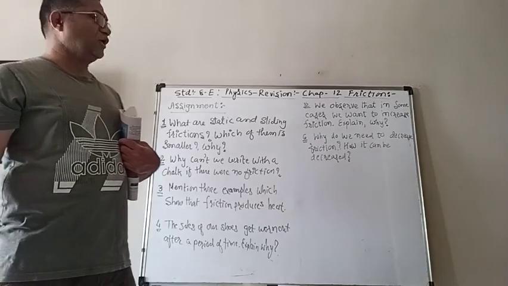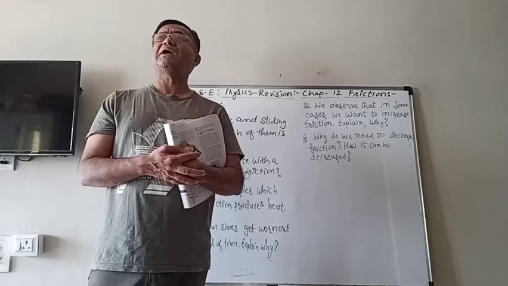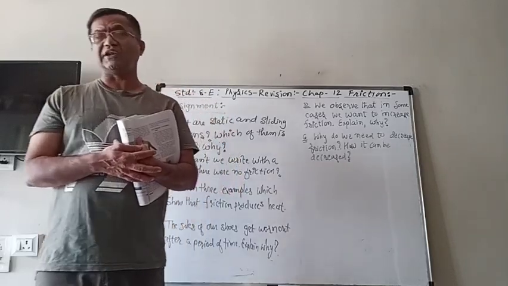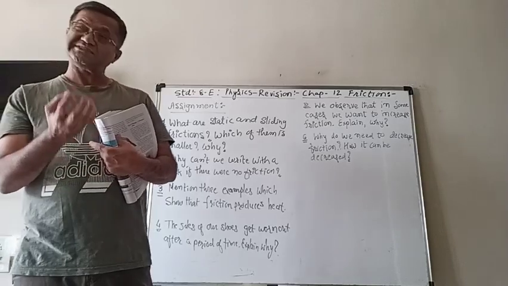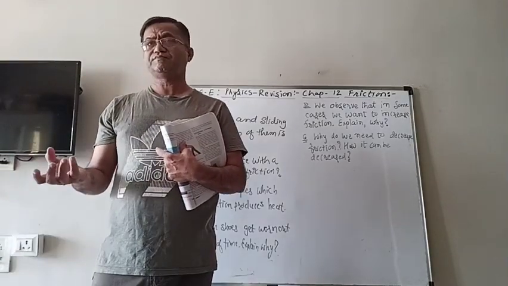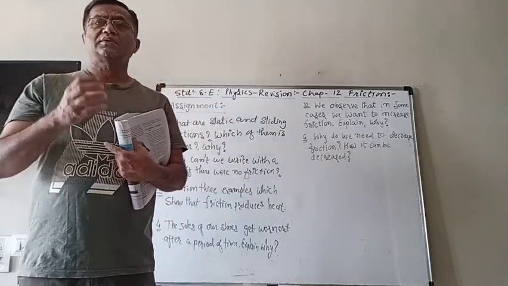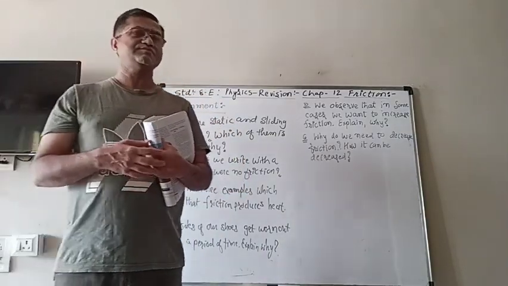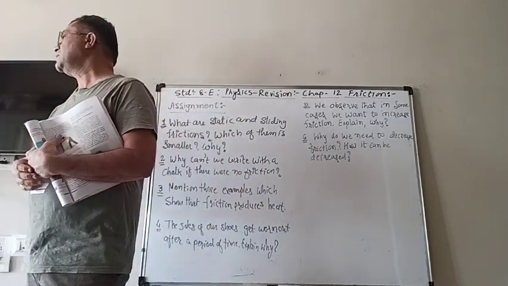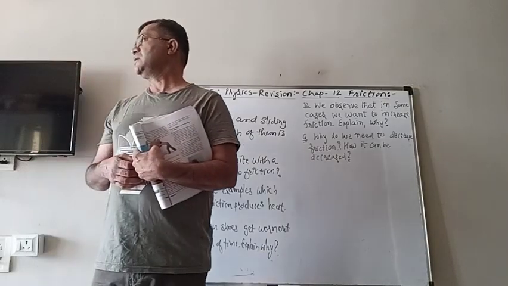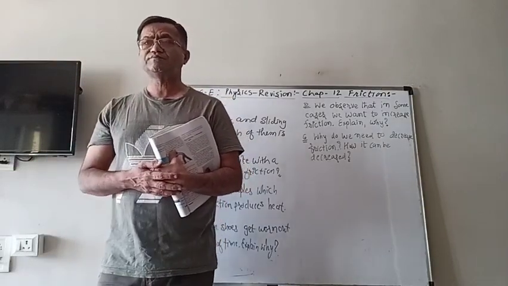Now we know that friction is known as a necessary evil. What is the meaning of necessary and also evil? Because in some situations, some actions are only possible if there is friction, or friction is more.